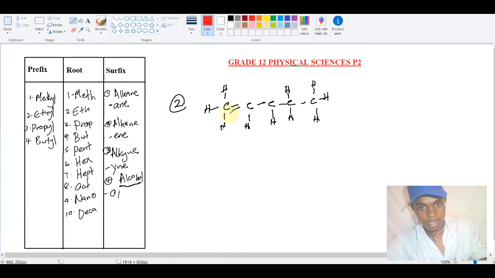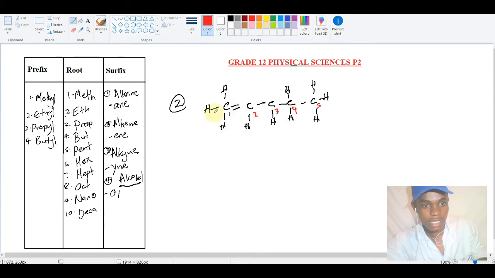The longest chain is 1 2 3 4 5, right? Remember I said when you are numbering, you need to start numbering from the side which is closest to the functional group. You cannot start this side, right? You'll know in a minute why I am saying that, because it's very important that you number according to the rules.